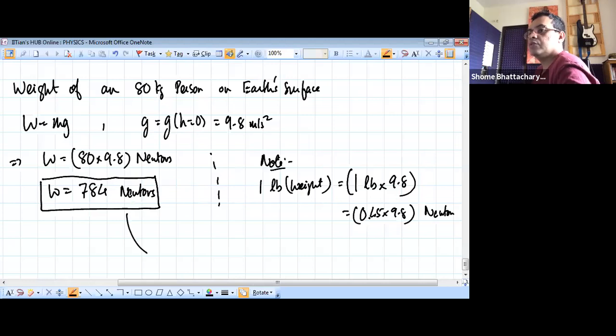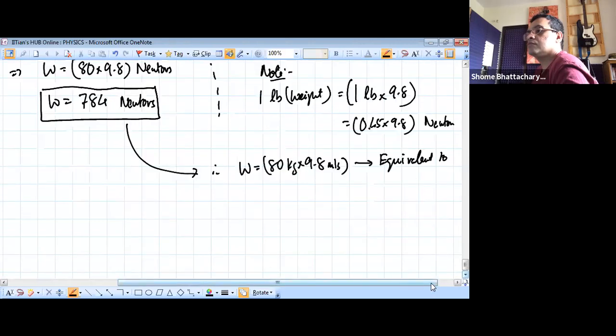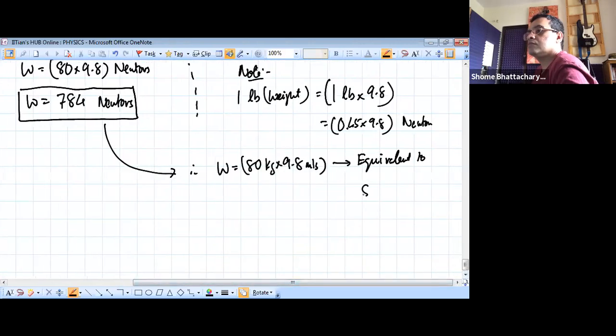Therefore this weight of 80 kg multiplied by 9.8, in pounds, is equivalent to this.